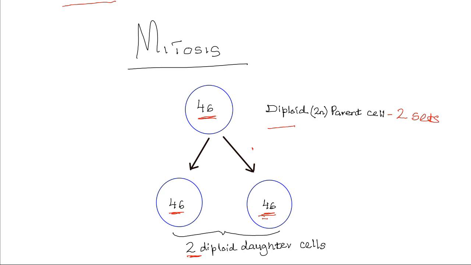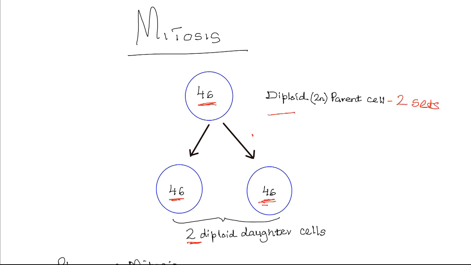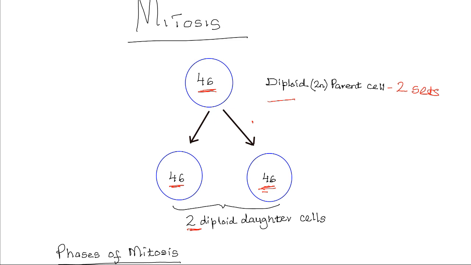Mitosis usually takes place in the body cells, also known as somatic cells. In animals, the process of mitosis takes place in the bone marrow and Malpighian layer of the skin.